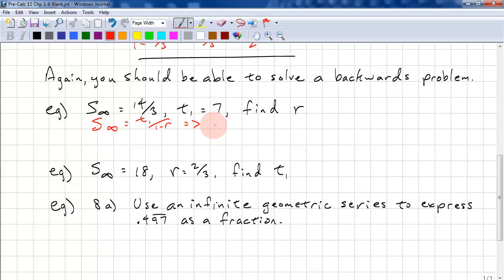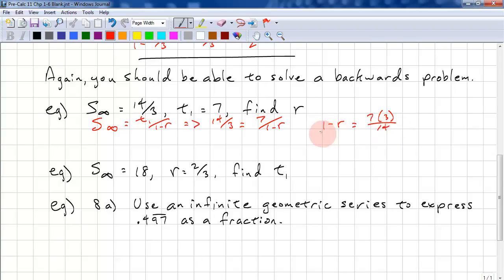Substituting, this gives us 14 over 3 equals 7 over 1 minus r. We have 1 minus r, and we multiply the other side by 3 over 14. So this is 7 times 3 over 14.